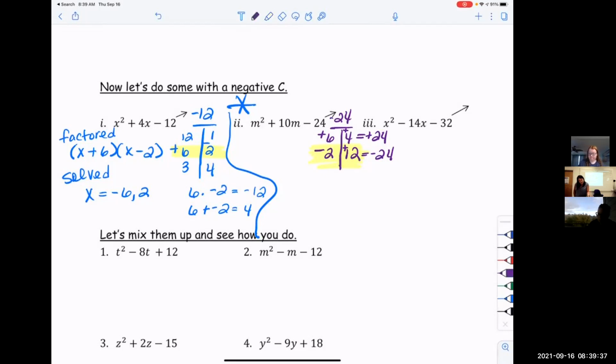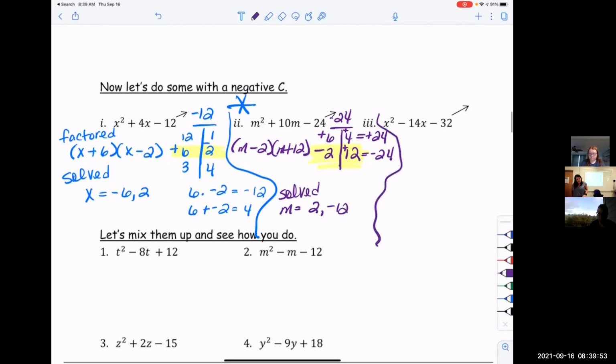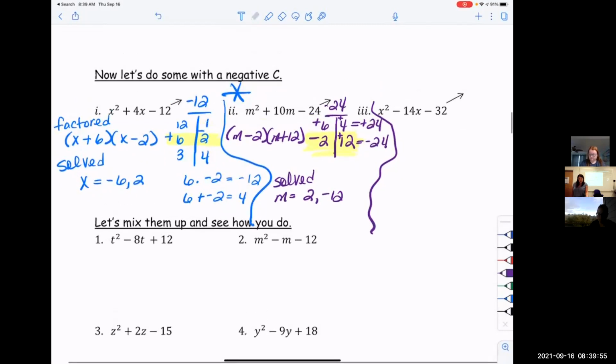All right, so let's do the factored. And then let's do the solved. All right, and then you do that last one.